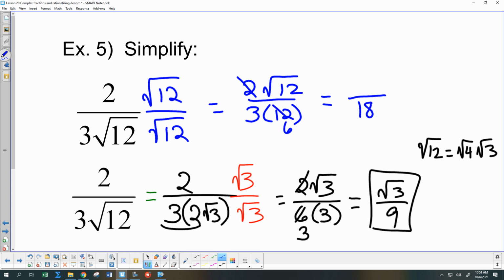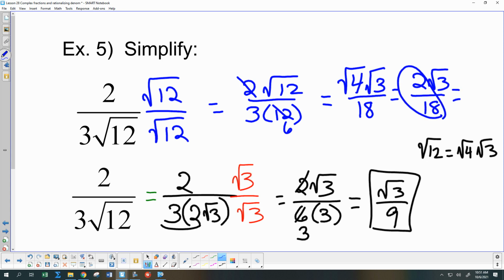But then I need to simplify the root 12, and like we already talked about, it is root 4 root 3, so that gives me 2 root 3 over 18, and the 2 over 18 reduces to a 9th, and I have the very same answer. Does that way make sense?